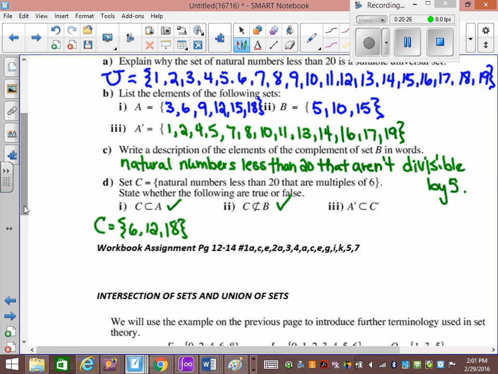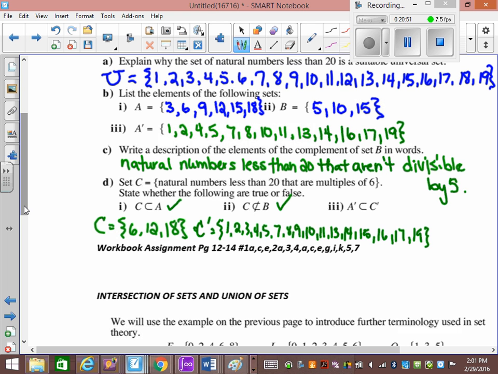And A prime is a subset of C prime. Remember, C prime is every number but those. So C prime, the complement of C, is 1, 2, 3, 4, 5, 7, 8, 9, 10, 11, 13, 14, 15, 16, 17, 19.